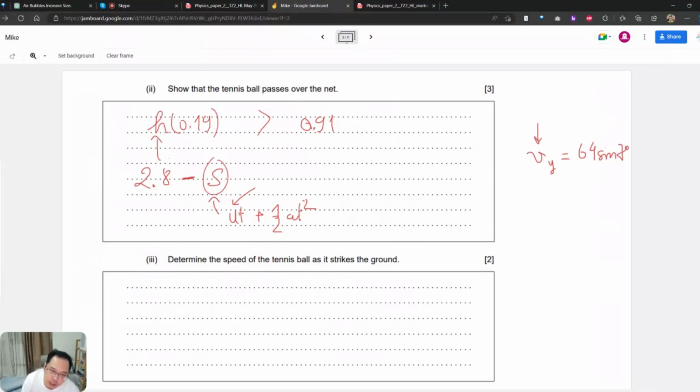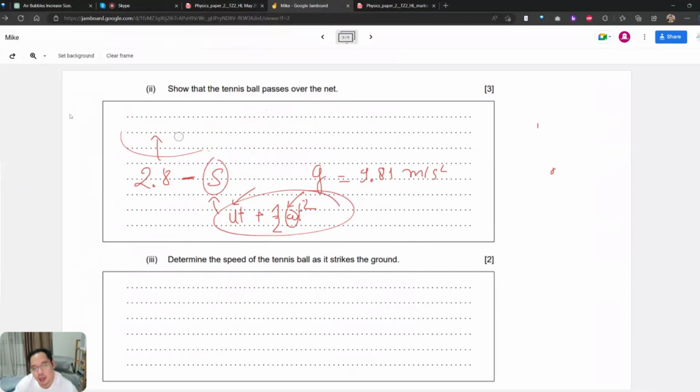The time t is 0.19 second, and the acceleration is g, gravitational acceleration, 9.81 meter per second squared downwards. Use this formula to calculate the distance it falls in that time, then subtract that distance from the initial height, and you get the height at that moment, which will be greater than the height of the net.